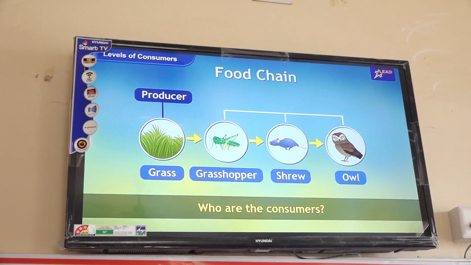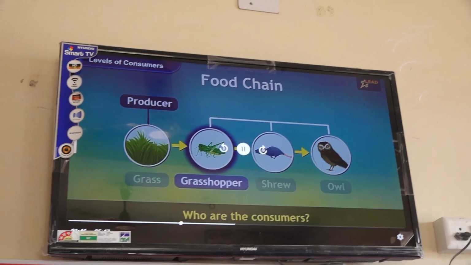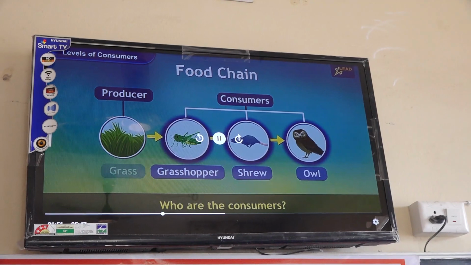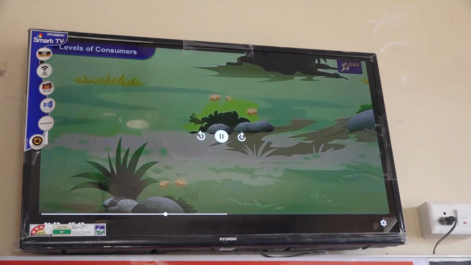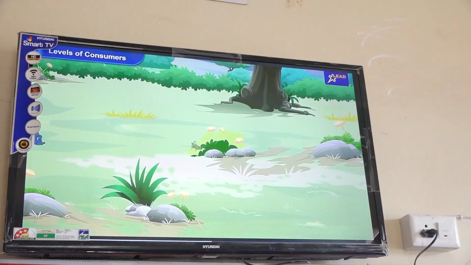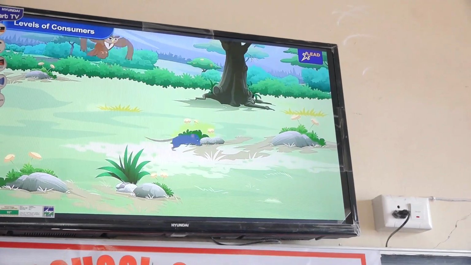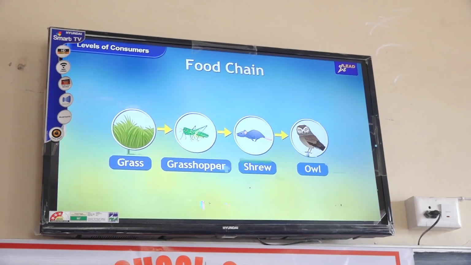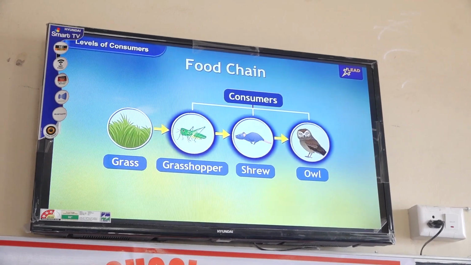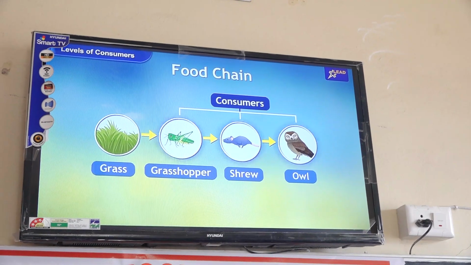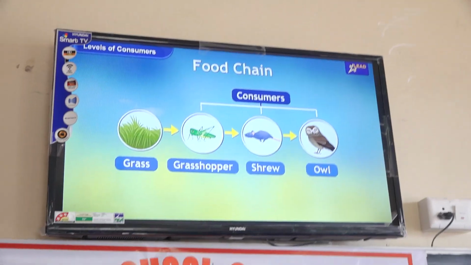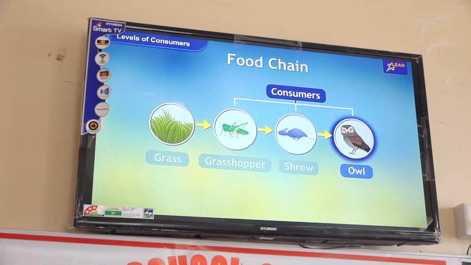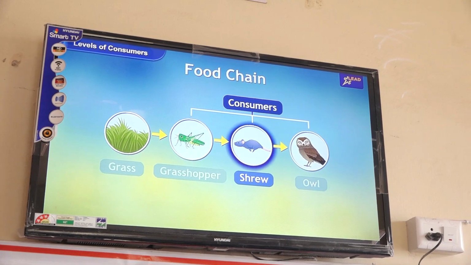All the animals, that is, the grasshopper, the shrew, and the owl are the consumers in this food chain. This is because they depend on other organisms for their food. Do you think all consumers only eat plants or only eat animals? No, we know that some animals only eat plants, some only eat animals, and some eat both.